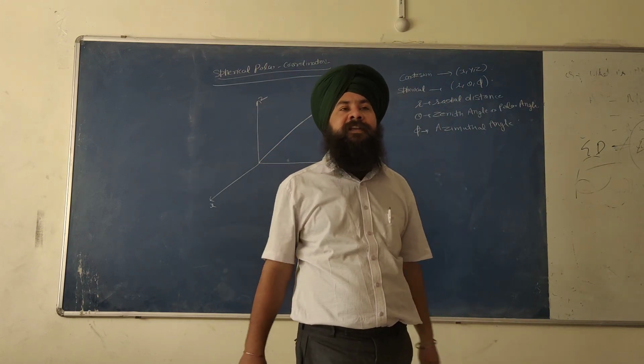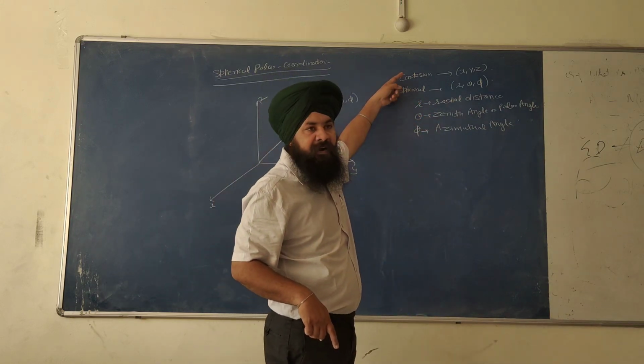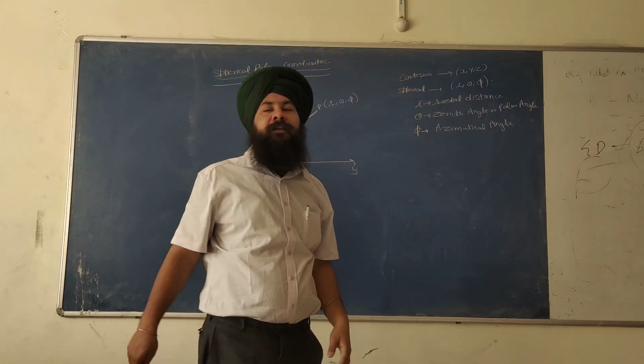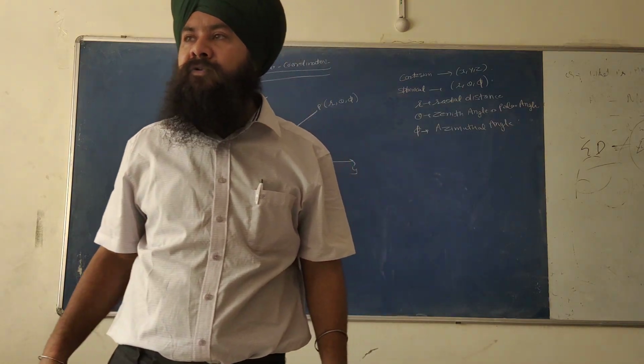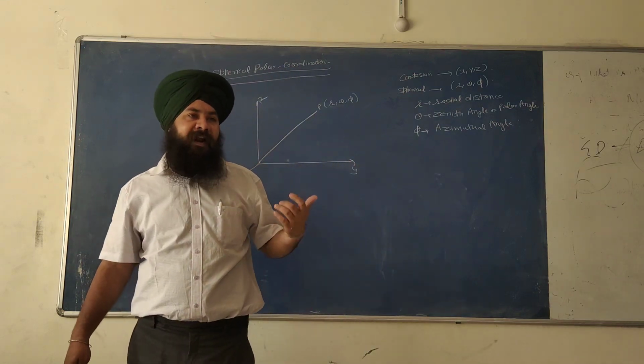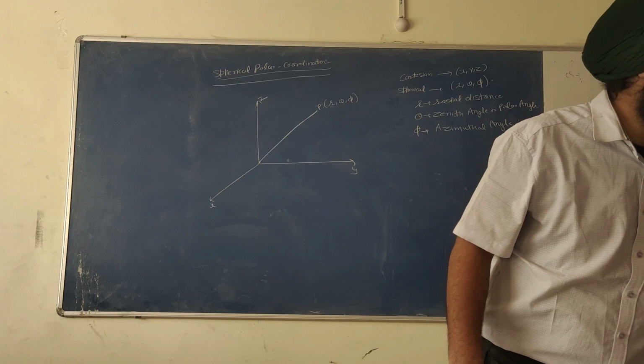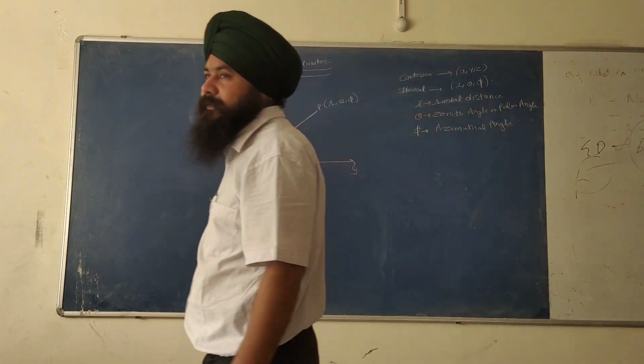In English, for the international students, what is the relationship between Cartesian coordinate system and spherical coordinate system? I mean to say, we will write x in terms of r, theta, phi, y in terms of r, theta, phi, and z in terms of r, theta, phi.